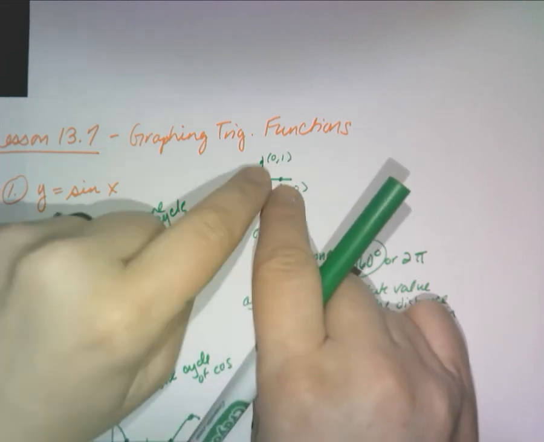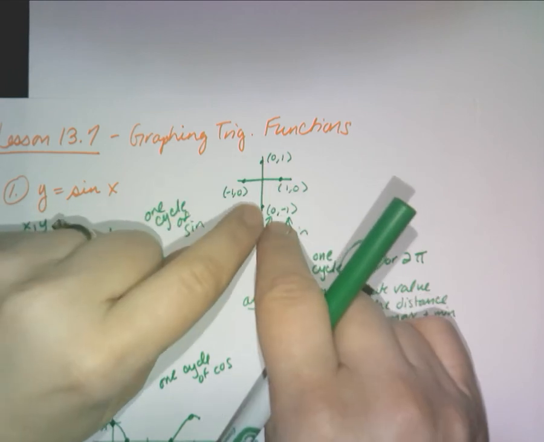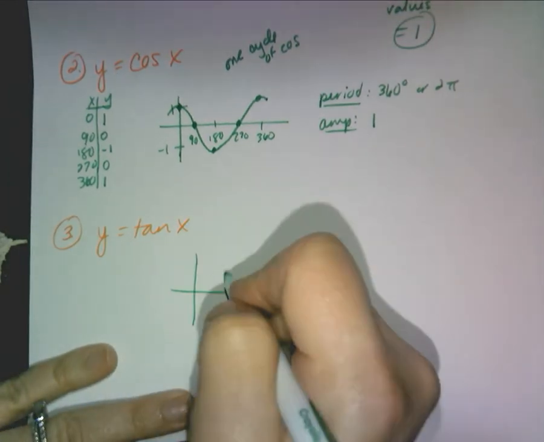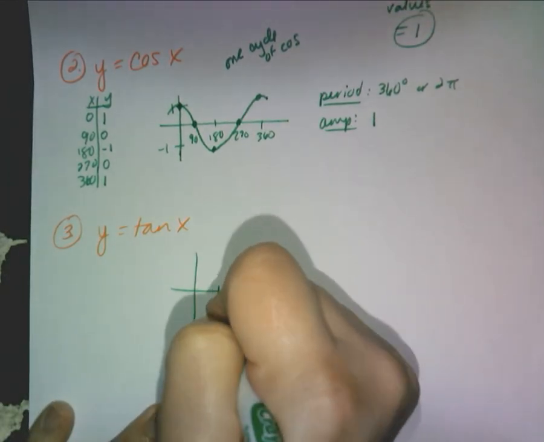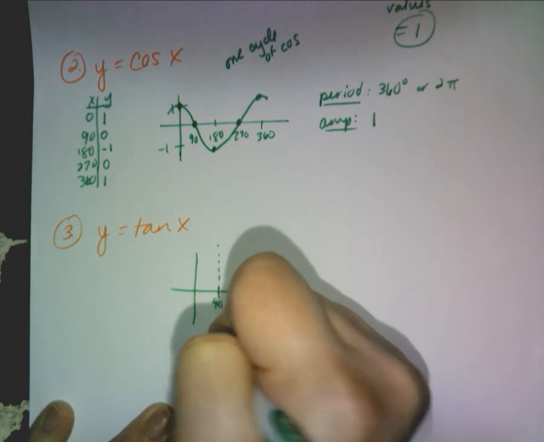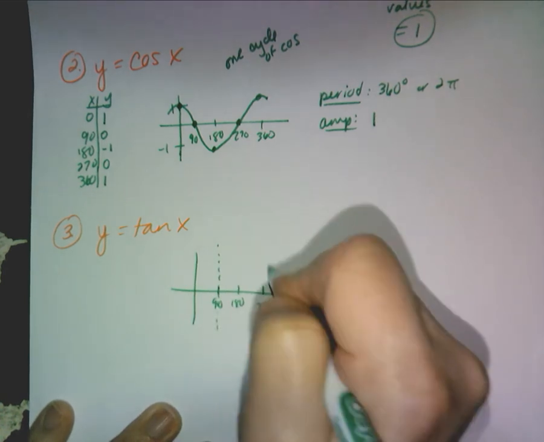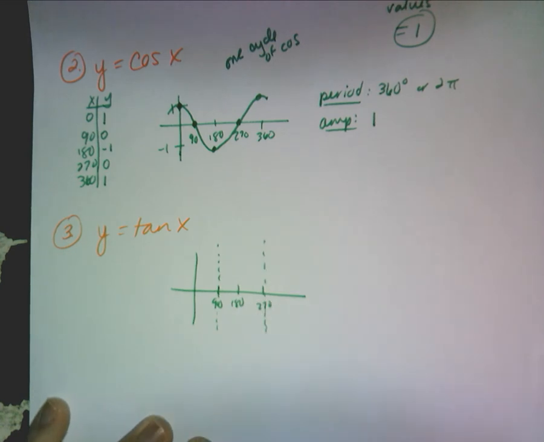No. So at 90 degrees and 270 degrees, I am undefined by tan, which means on a graph, I have at 90 degrees right here an asymptote. 180 and then 270. Also, there's another asymptote. Okay?